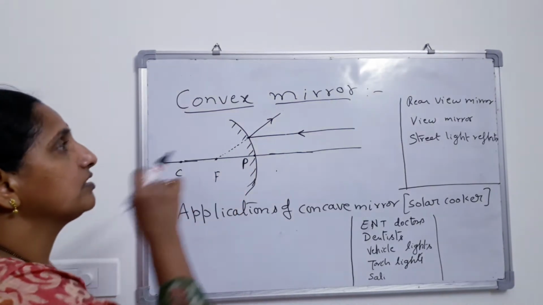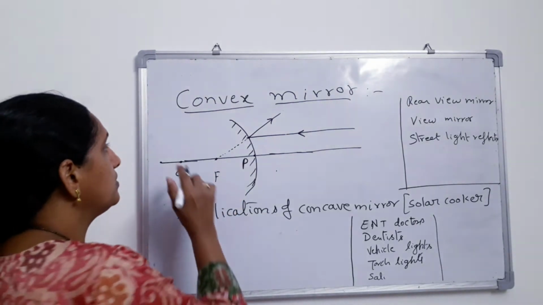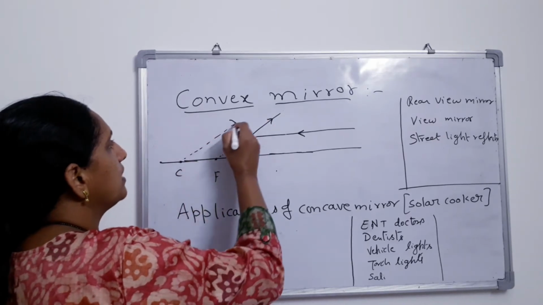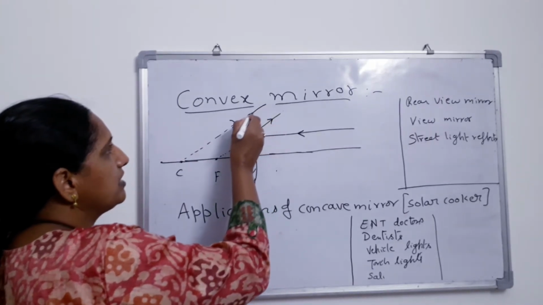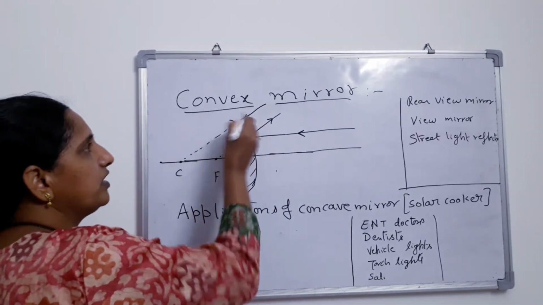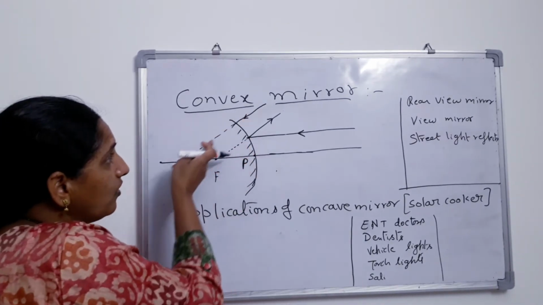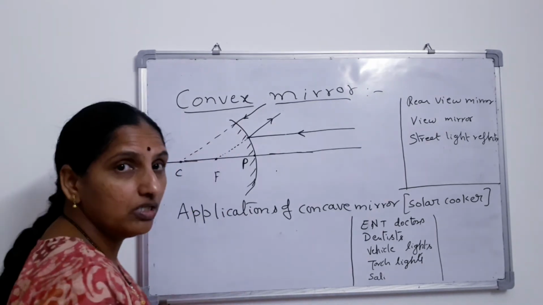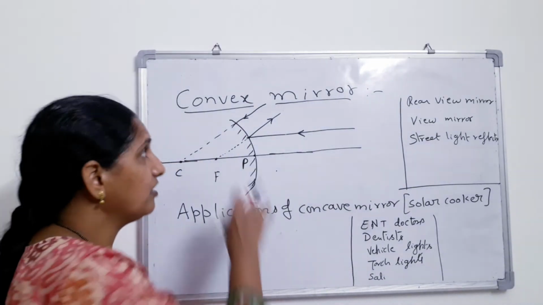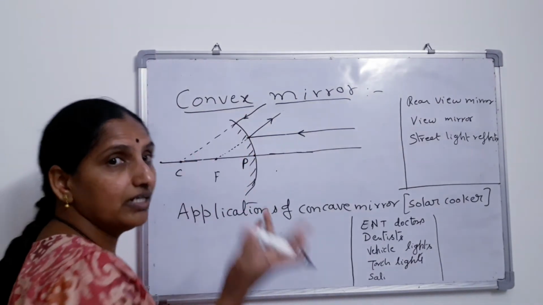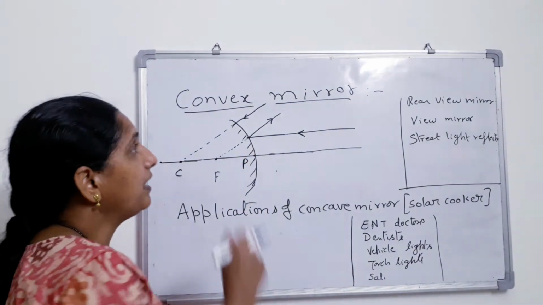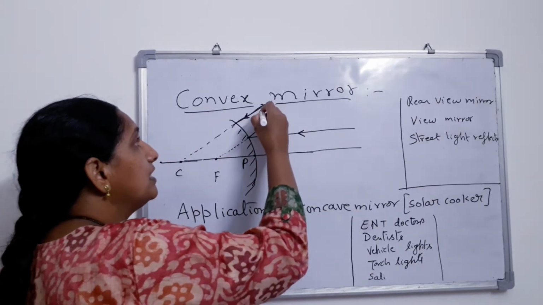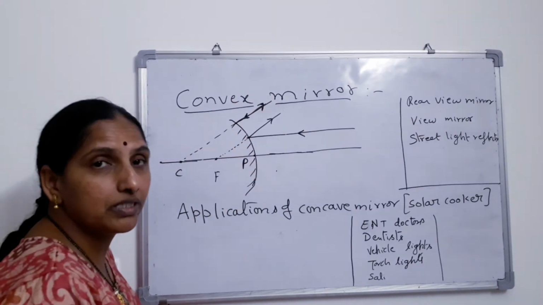So in the convex mirror also we have the same rule. Suppose the ray is incident here along the normal. The normal always passes through the center of curvature, or along the radius of curvature, and then it reflects back in the same path in the opposite direction.